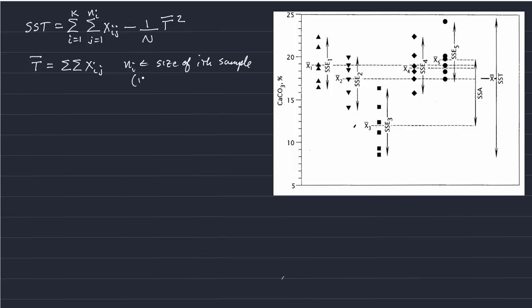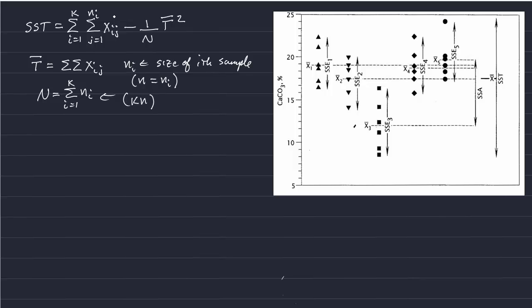In our case, in this example, all the samples have the same size, so they all equal n. And big N is equal to the sum over the k samples of the size of each sample, which in our case, where n is the same, big N is equal to k times n.